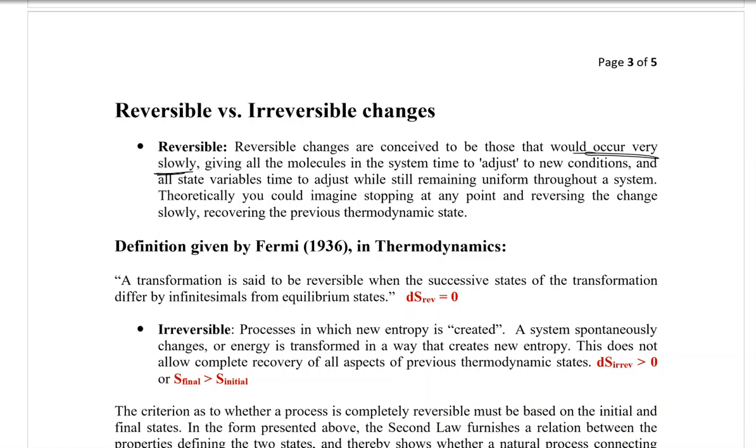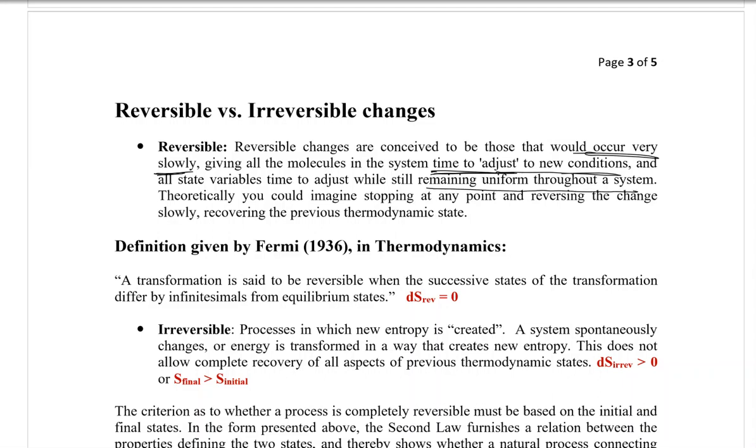We call it a quasi-static process, giving all the molecules in a system time to adjust to a new condition, and all state variables time to adjust while still remaining uniform throughout the system.